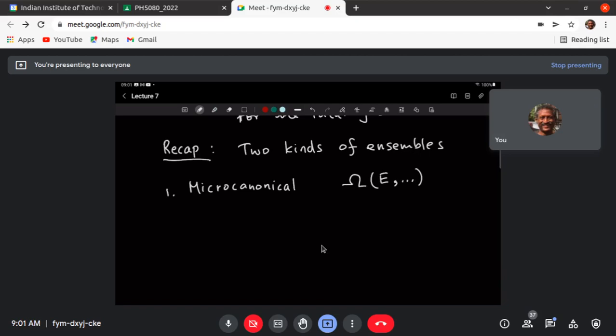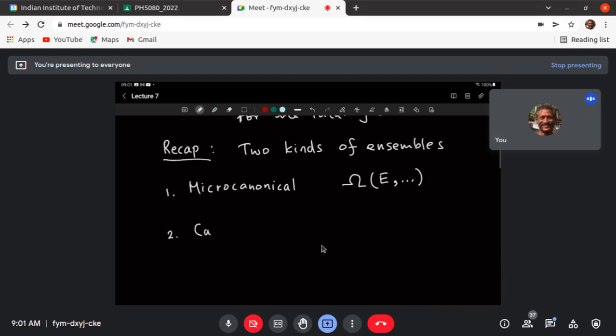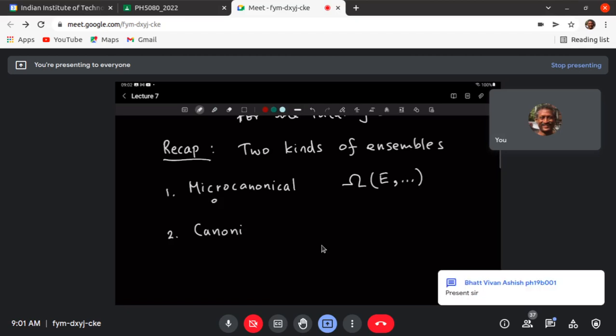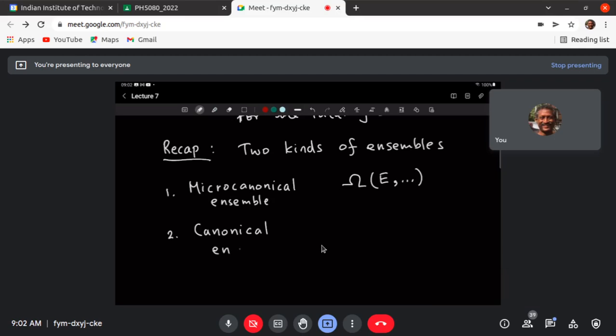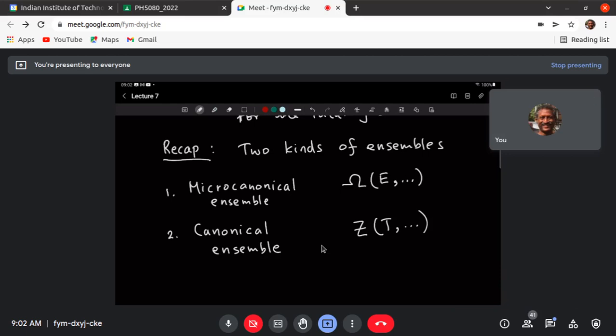That was the interesting object to compute, and from that we were able to define entropy, temperature, etc. And the second one is the canonical ensemble, where the object of interest is Z, the partition function, which is a function of temperature. And so these are the two different settings.